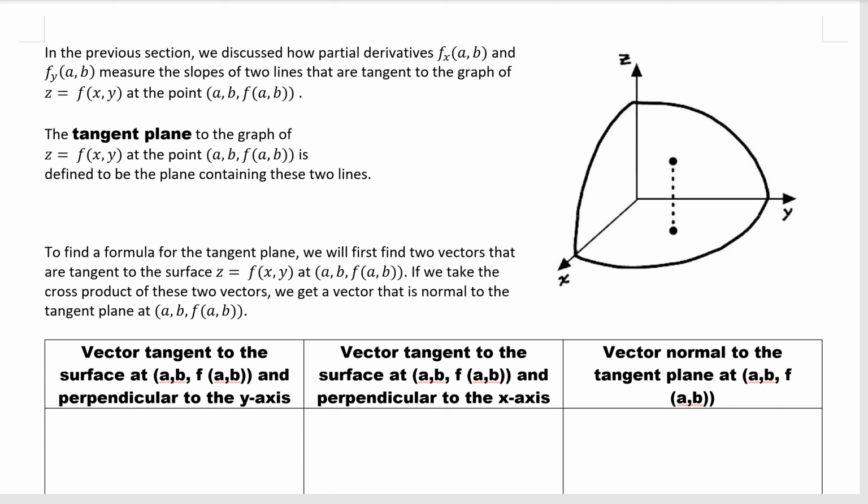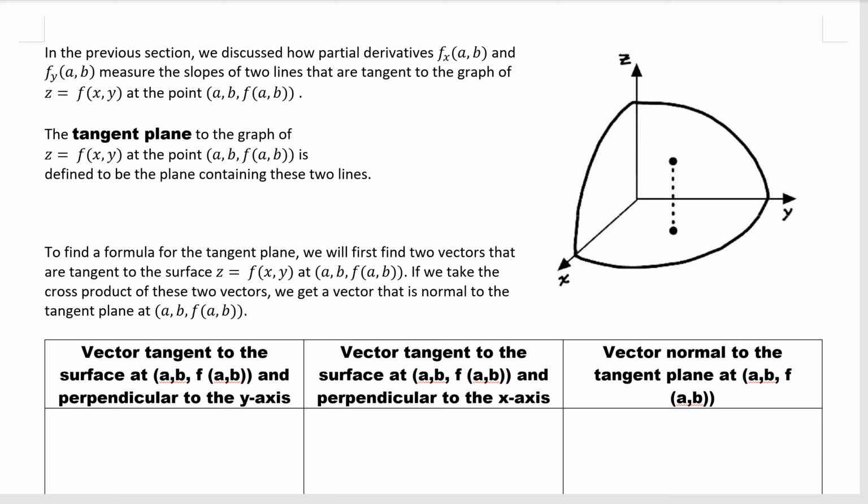In the previous sessions, we discussed how partial derivatives with respect to x and with respect to y measure the slope of the two lines that are tangent to the graph at the point. Then the tangent plane to the graph at the point is defined to be the plane containing those two lines. So let's draw our picture again.